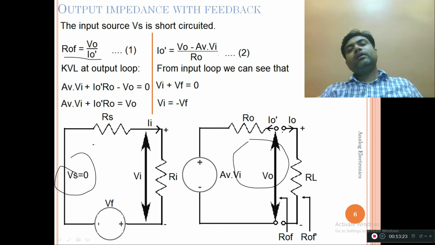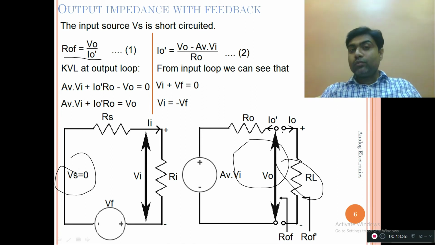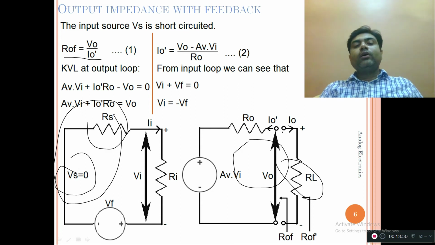Why do we short the source voltage or source current? In order to calculate the R0. If you remember the low frequency amplifier analysis, when we calculated the Y0 value, that is the output admittance value, we shorted the input source, because we do not want any intervention from the input circuitry, or any contribution of impedance from input to the output.